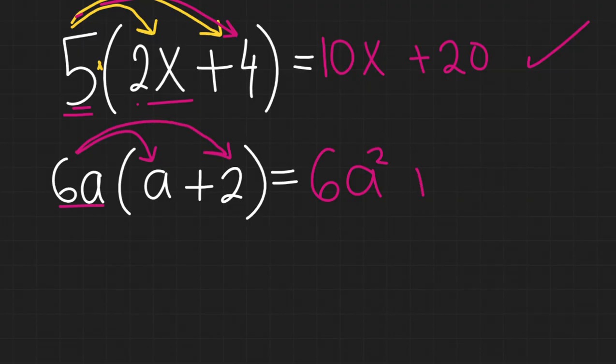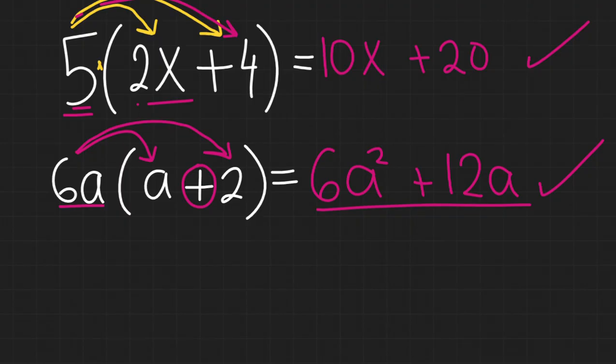The sign is positive because of this. 6 multiplied by 2 is 12, and then we copy a. That's it. We have the final answer. So 6a multiplied by a is 6a squared. 6a multiplied by 2 is 12a. This, what we see, guys, is what we call the distributive property.